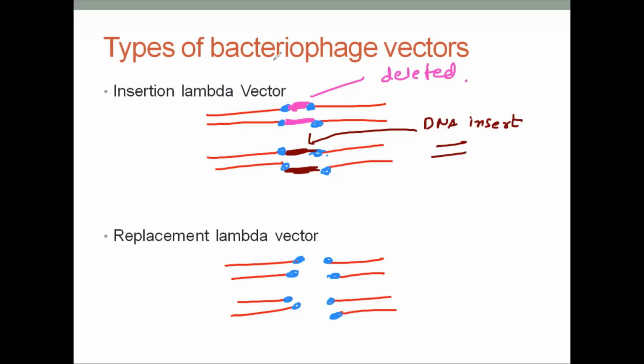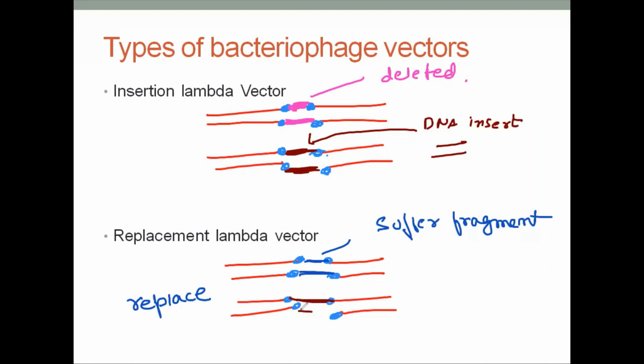But in another case, we have something called a stuffer segment, which is flanked with restriction sites. So we replace this particular fragment with the DNA insert.